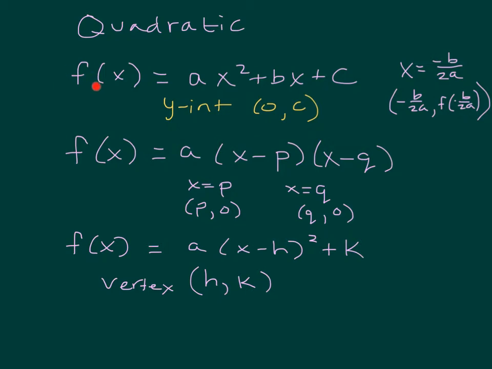To get from our standard form to our vertex form, you're going to do what's called completing the square, and we're going to review a problem to help you jog your memory about that. And then, honestly, if you're going from vertex form to factored form, I'm pretty sure that the easiest way is to go from vertex form to standard form and then to factor it from there. Okay, so we should be able to convert between all three ways.